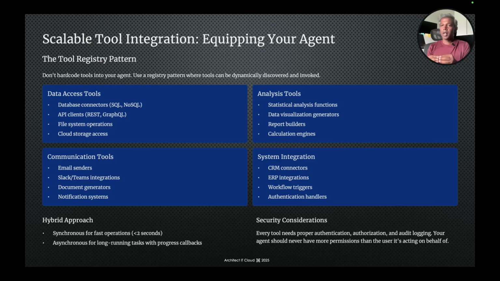What it means is, if the AI agent is going to talk to one particular tool, and the tool is not available, it should not end the loop there and fail. It has to look at the registry and pick an alternate tool for completing the task. This is called the registry pattern for configuring the tools in your AI agent architecture.